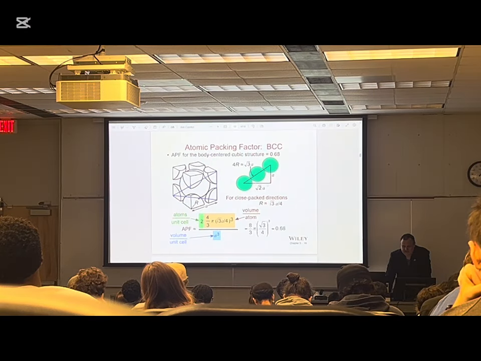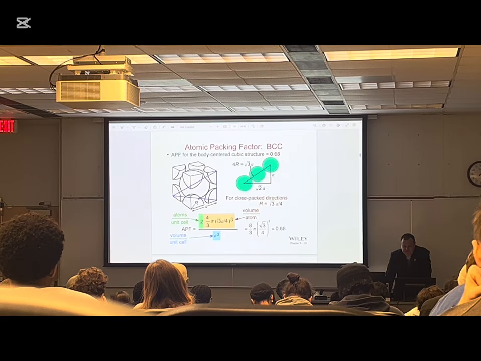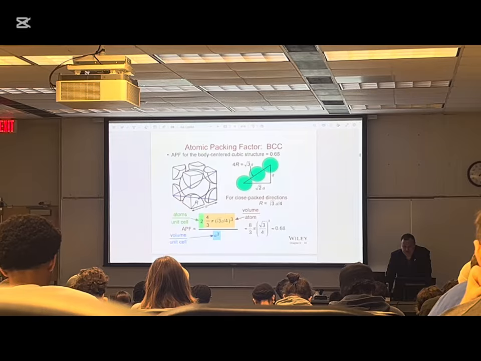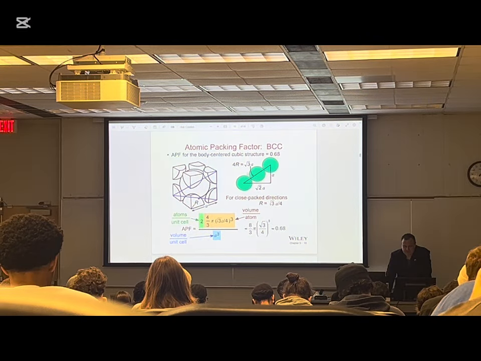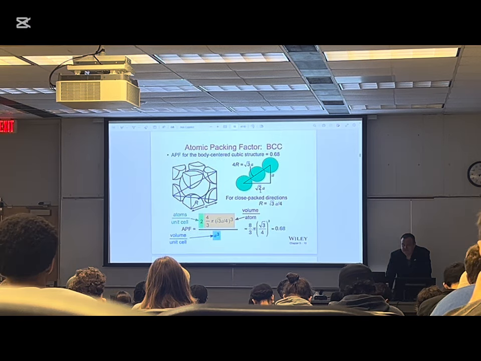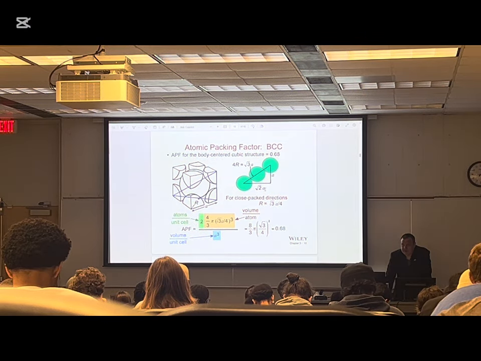And the same thing is this diagonal here is square root of 2a, because this is just here in the plane. So we have the right triangle. This diagonal here is square root of 2a. The diagonal of 3D is square root of 3a. Why? Because a squared plus 2a squared is equal to this. So 1 plus 2 is 3.